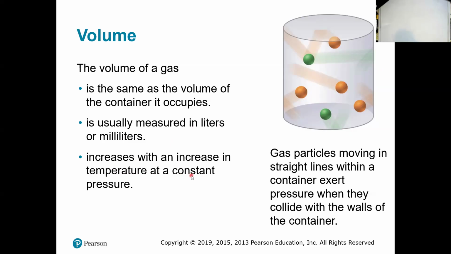Imagine that you're trying to keep the gas pressure constant, meaning you're trying to keep the number of collisions constant. If you increase the temperature and the gases start to move faster, how can you stop the number of collisions from increasing along with that increased movement? The only thing you can really do is expand the volume of your container as well, right?